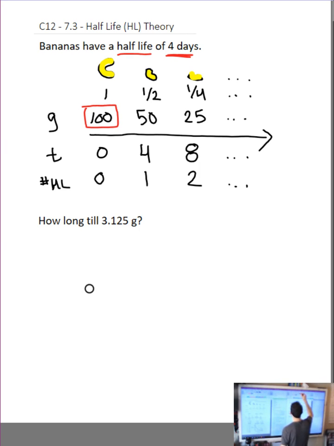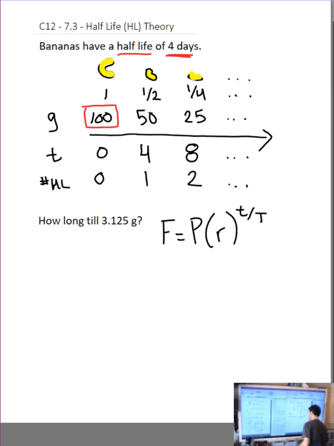So we're going to be giving you formulas. The formula we're going to give is F, future value, equals present value times the rate to the exponent of lowercase t over capital T. Capital T is the 4 days, the time for the growth rate to occur. The rate is a half-life.